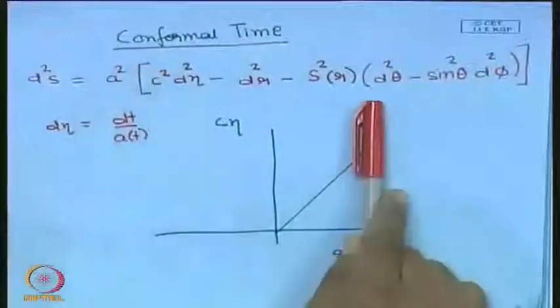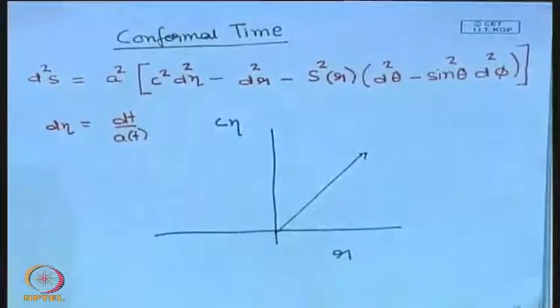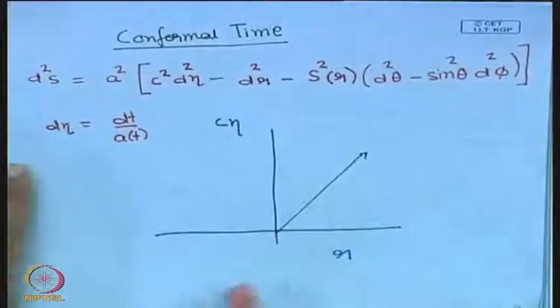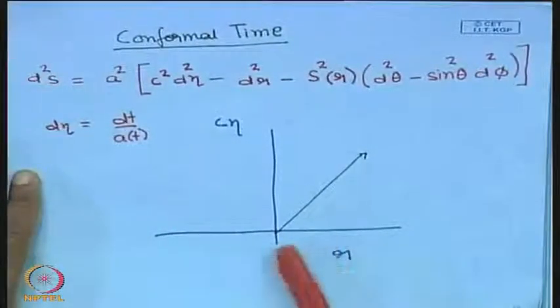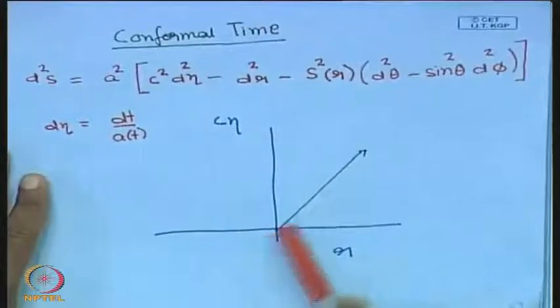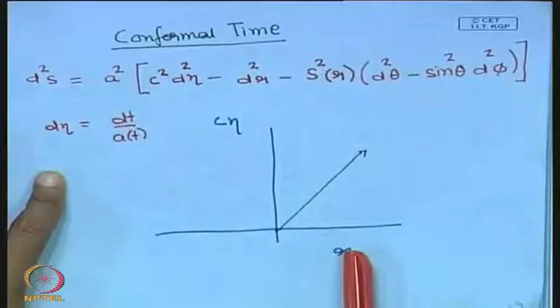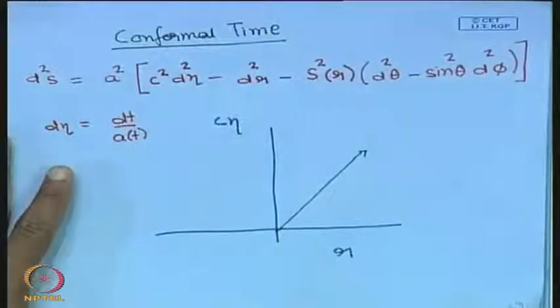So, we started off by looking at the cosmological line element in terms of the conformal time eta, and the advantage of the conformal time is that the propagation of light in comoving coordinates looks like straight lines. If I draw it on a space time diagram where I use eta instead of the usual cosmic time, that is the big advantage of using this conformal time.